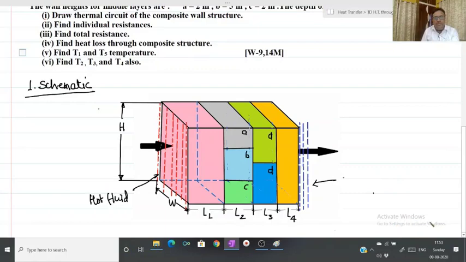This is cold fluid film. Let's say convective heat transfer coefficient of hot fluid is represented by h infinity i, and its temperature by T infinity i. Convective heat transfer coefficient of cold fluid is h infinity o, and temperature by T infinity o.